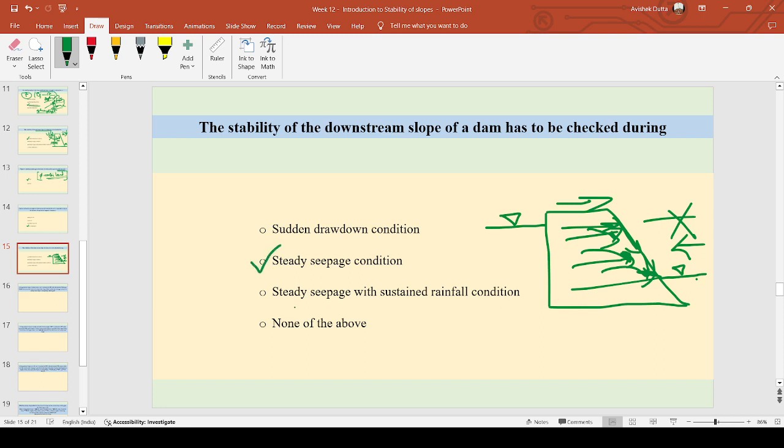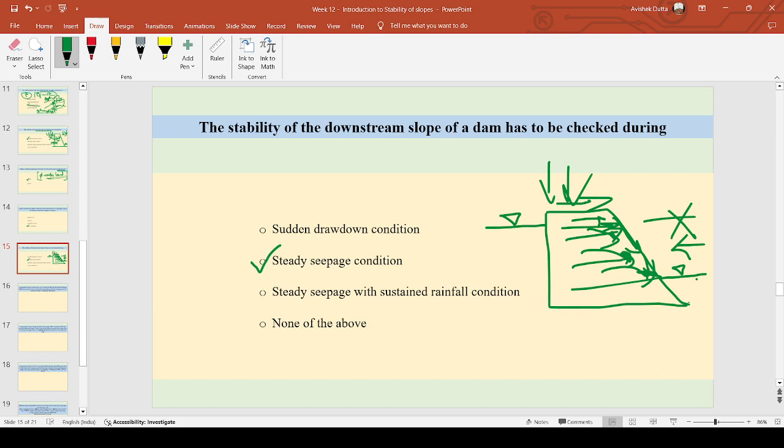Now, when steady seepage is happening, if there is sustained rainfall, then the problem will be complicated, because the rainfall may also lead to an increase in seepage if the water is being absorbed by the dam material.